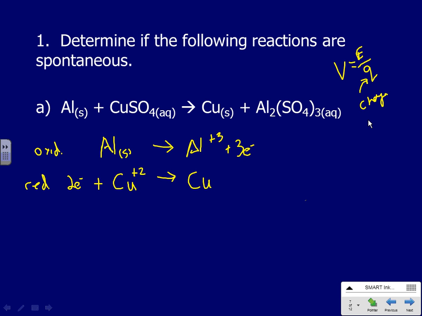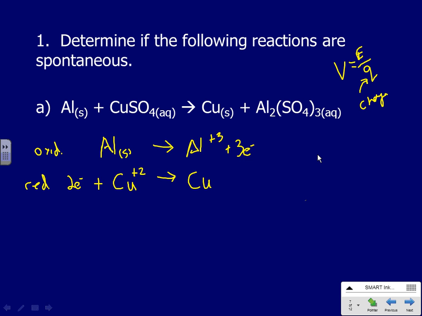So it doesn't matter whether there's 3 electrons, 2 electrons, or 1 electron. We're talking about the energy on a per electron basis. It doesn't affect the V that we write down here. We don't divide it or multiply it or anything like that.